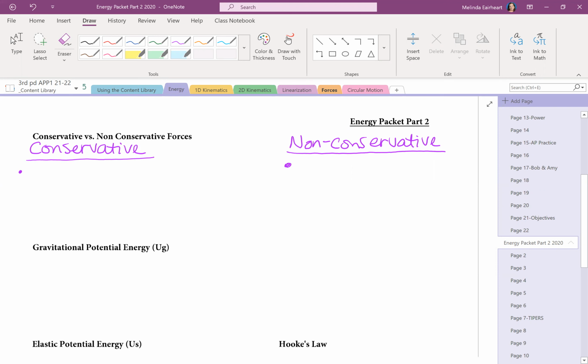Conservative forces do not depend on the path, or in other words, they are path independent, whereas non-conservative forces are path dependent.